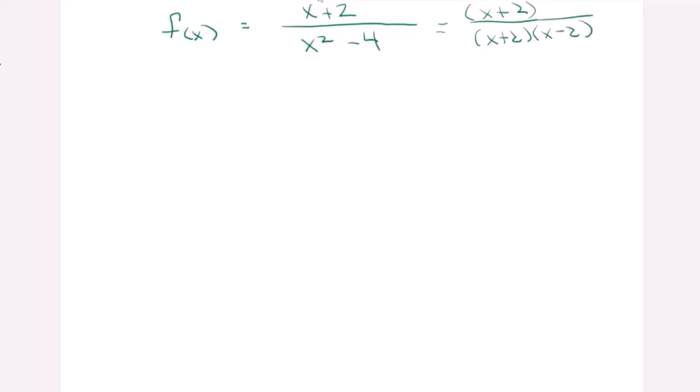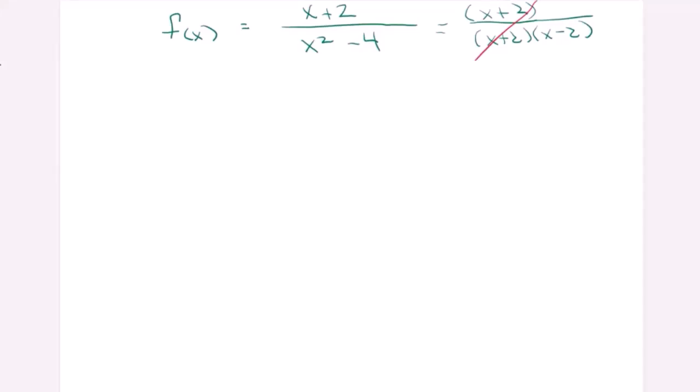f of x is equal to x plus 2 over x squared minus 4. Look now at the denominator. You could factor that to x plus 2 times x minus 2. But we can clearly see here that x plus 2 over x plus 2 can cancel. It doesn't change the domain.